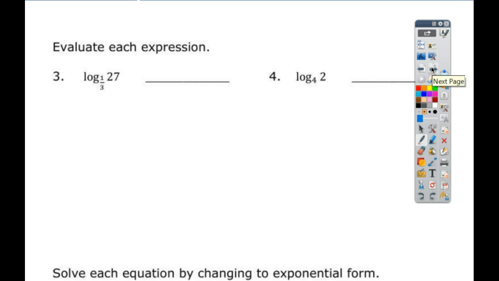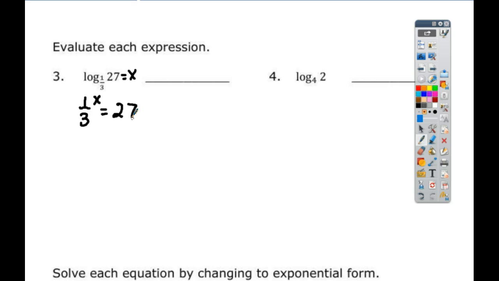Okay, so how do I start? One log equals x. We'll start with equals x. Next, what do I do? Do the circle. So I get 1/3 to the x equals 27. Next, got to have the same base. It's going to be 3.